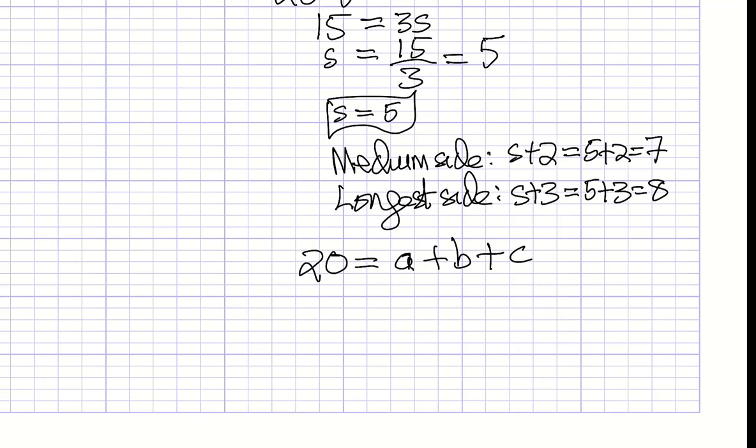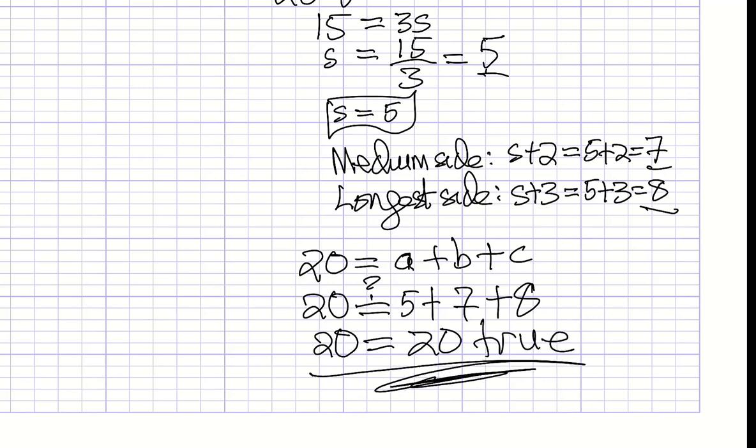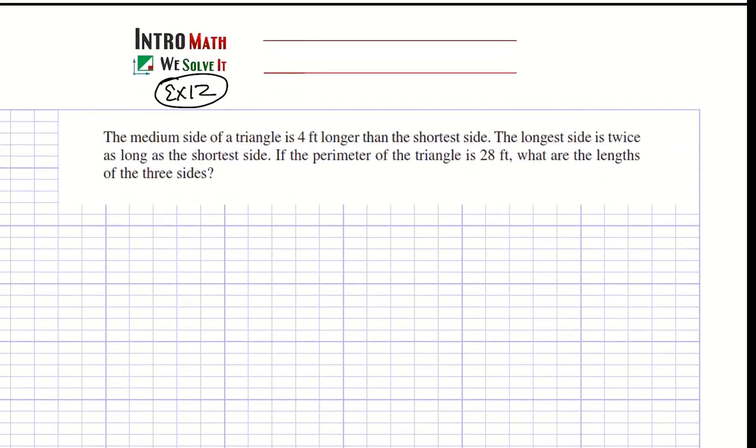So it will be 20 equals 5 plus 7 plus 8. Let's do it the way we normally do it. You add all that. 8 plus 5 is 13. 13 plus 7 is 20. So 20 equals 20. And this is obviously true. And we are done. So let's move on to the next problem, okay?